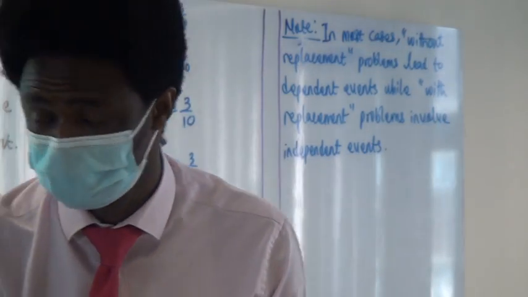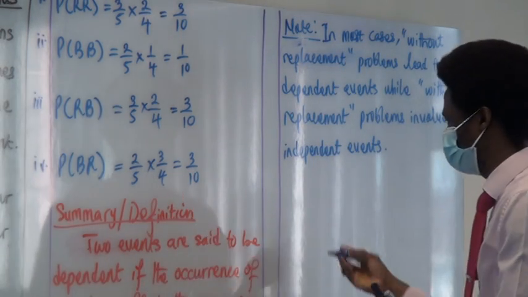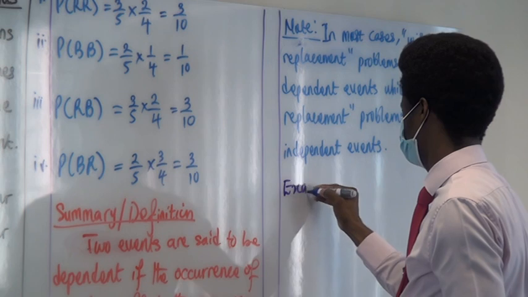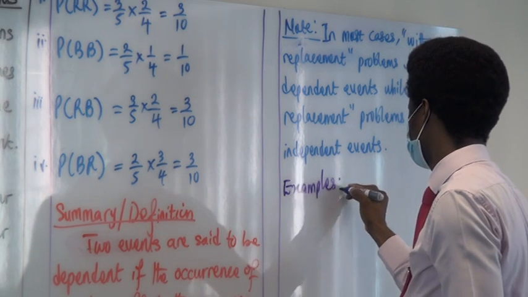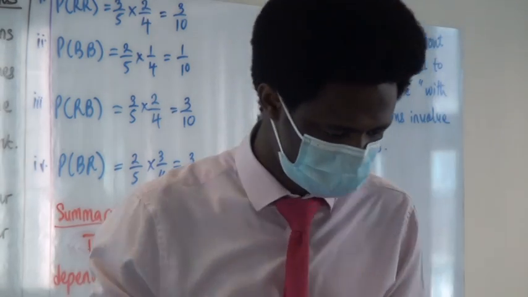Now I want us to take the last 12 minutes to do the following examples together. Due to the time, I will not be able to do all the 5 that I highlighted.